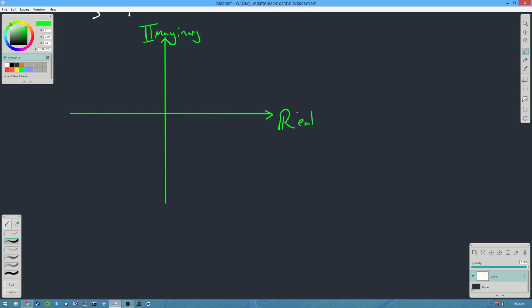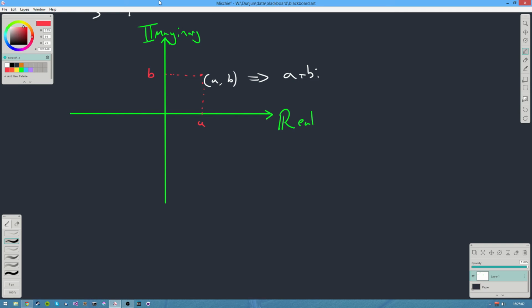If you had a number, this point here, at a, b, that implies the same as a plus bi, because we've gone a across the real axis, which is where a is, and then we've gone up b up the imaginary axis. So you can express it in an Argand diagram.